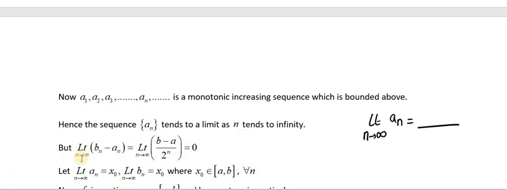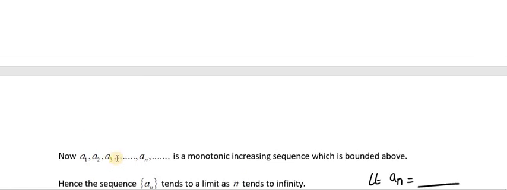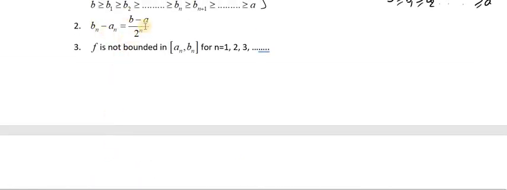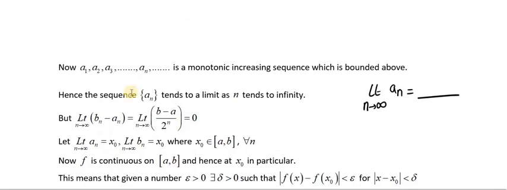But limit n tends to infinity, bn minus an. That means we are taking limit for this second point, both sides. Limit n tends to infinity, bn minus an is equal to limit n tends to infinity, (b minus a) by 2 power n.